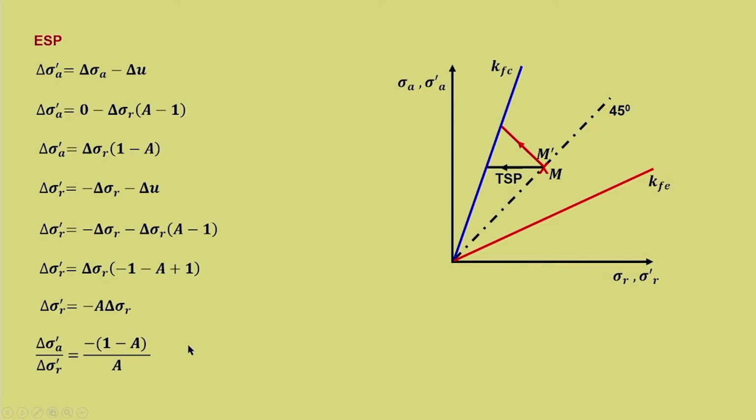Definitely it has impacted the determination of pore water pressure. The expressions were different, but the slope is going to be the same. So, whatever be the manner in which the compression has been performed, the effective stress path slope is the same.